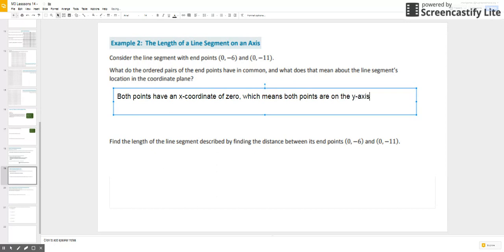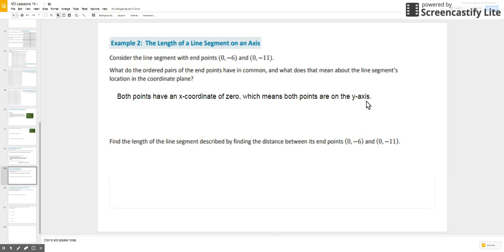So once again, if the x value is 0, then they go on the y-axis. If the y values are 0, then they go on the x-axis.